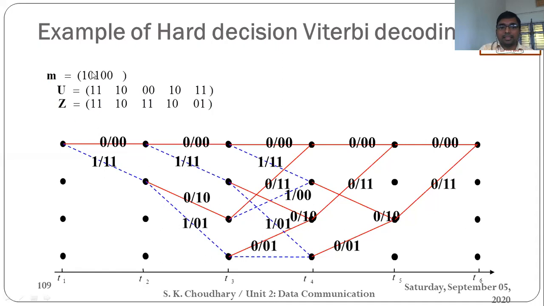The message available is 101, and 2 extra bits are added, making 10100, and there is a corresponding code word transmitted over the channel, and this is the received code word. U is transmitted and Z is received.